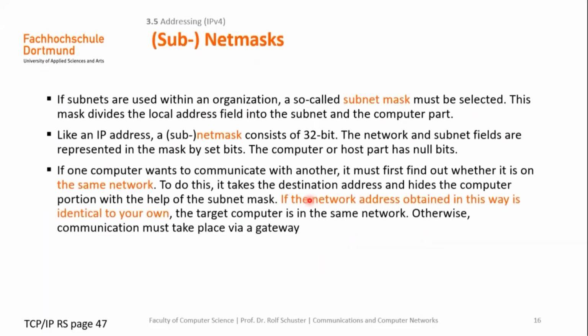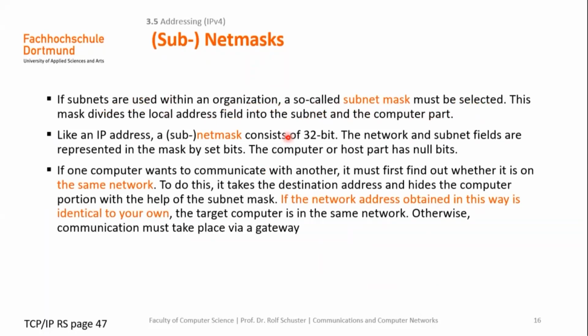And if subnets are used within an organization, a so-called subnet mask must be selected. This mask divides the local address field into the subnet and the computer part. Then the new concept is the net mask.